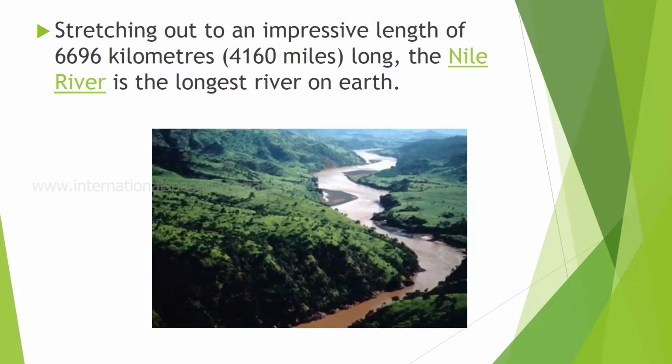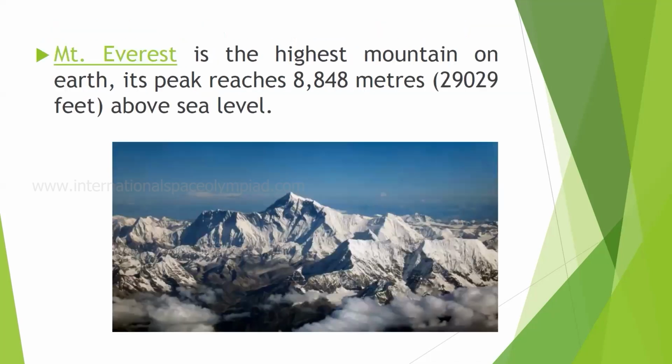Largest river is the Amazon. Which is the highest waterfall? Angel Falls. I said Niagara at first and then I switched to Angel. Okay, that's fine. Now, Mount Everest is the highest mountain on Earth.